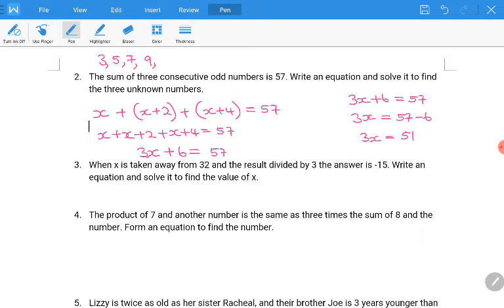In order to get the value of x, we need to divide by 3 on both sides. What we do on the left hand side, we should also do on the right hand side. So 3 into 3x is x, and 3 into 51 is 17.